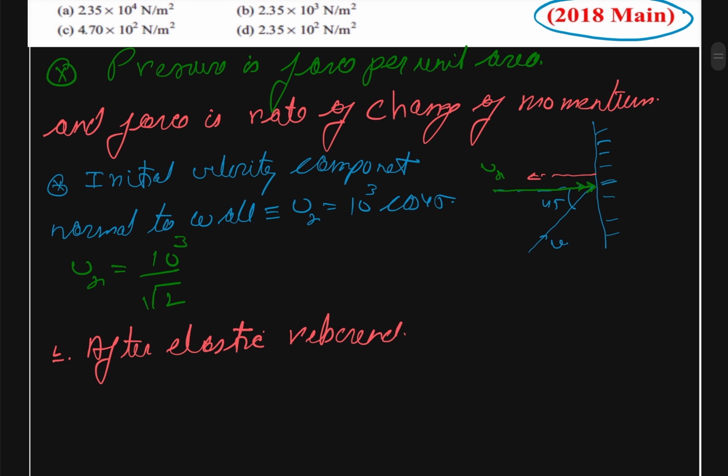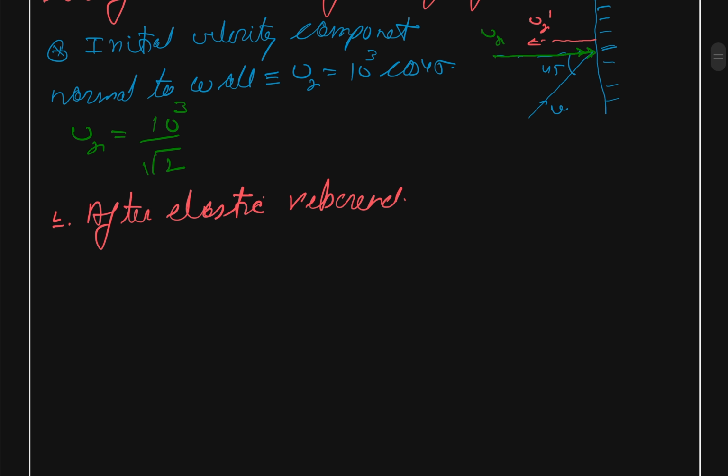Let us suppose that is Vx prime, but it will be in the negative direction. So after elastic rebound, the velocity in x direction, that is Vx prime, will be equal to minus 10 raised to power 3 over square root of 2. Now we can easily find the rate of change of momentum.